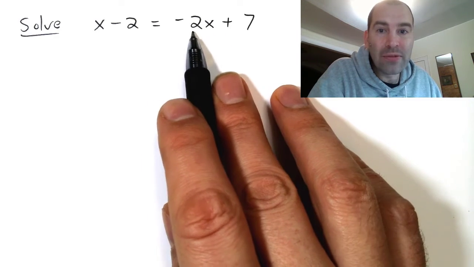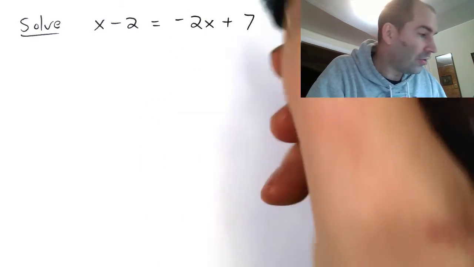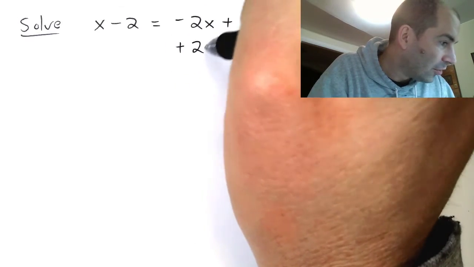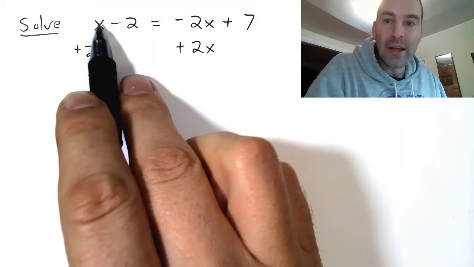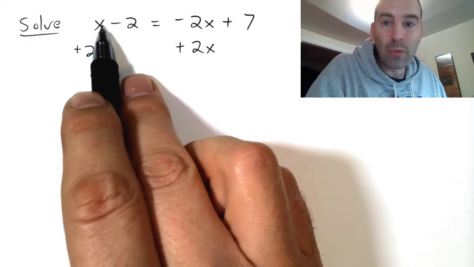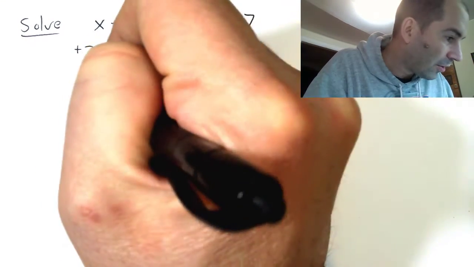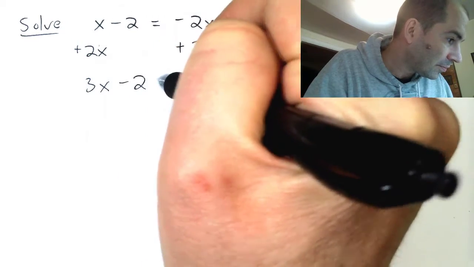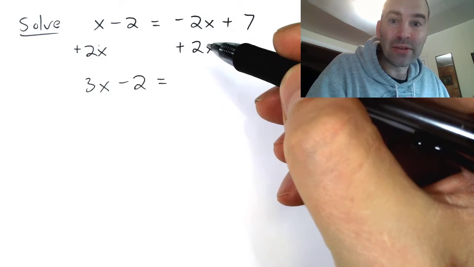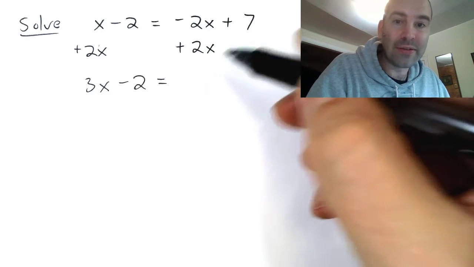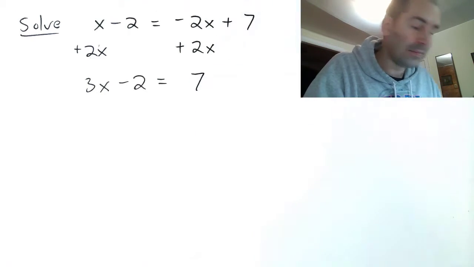If I have -2 x's, what I can do is add 2 x's, and I have to do that to both sides of the equation. X plus 2x, 1x plus 2 more x's makes 3 x's. -2 x's plus 2 x's, they cancel each other out. So I have no x's left, plus 7.